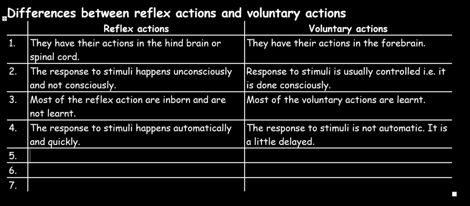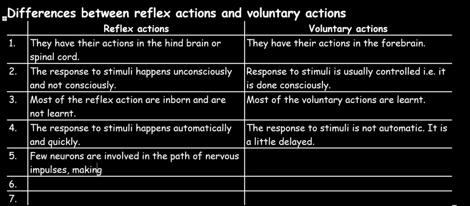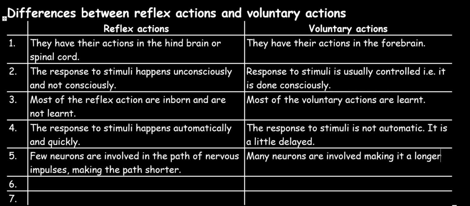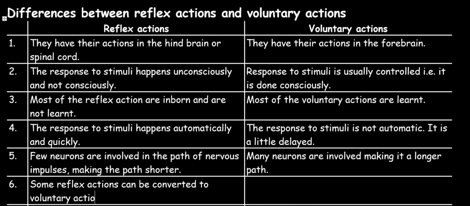Another difference is that for reflex actions, few neurons are involved in the path of nervous impulses, and this makes the path shorter, while for voluntary actions, many neurons are involved, making it a longer path. Another difference is that some reflex actions can be converted to voluntary actions, while voluntary actions cannot be converted to reflex actions.